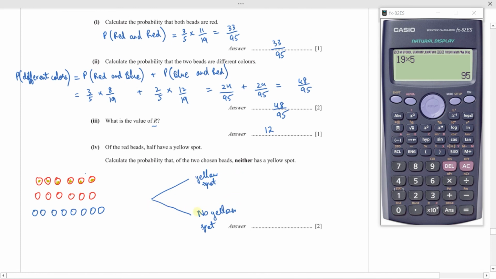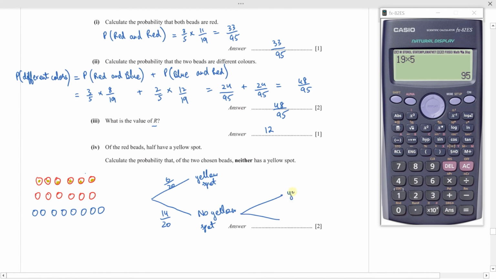So when you're picking the first one, what is the probability that the first one has no yellow spot? So you have 1, 2, 3, 4, 5, 6, 7, 8, 9, 10, 11, 12, 13, 14. 14 out of the 20 do not have a yellow spot. These 6 out of the 20 have a yellow spot. Now you've picked the first one, it has no yellow spot. So the question asks you to find the probability that 2 chosen beads neither has a yellow spot. So we continue here.